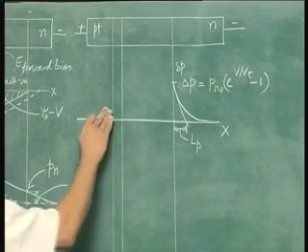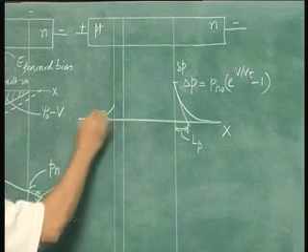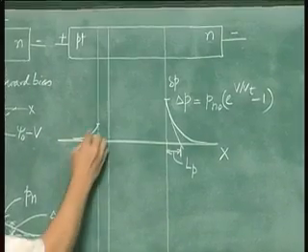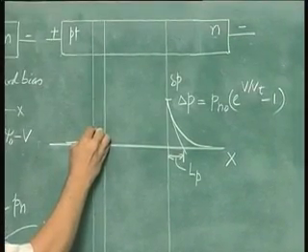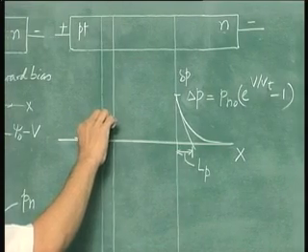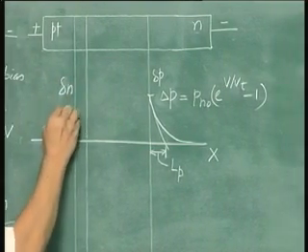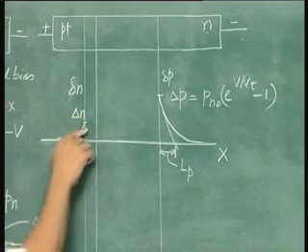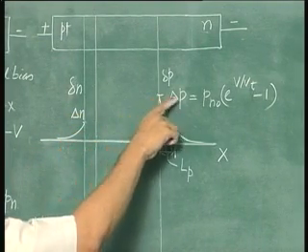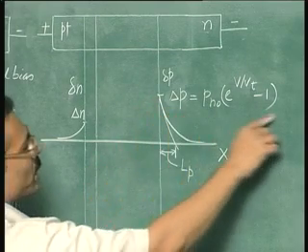One can similarly show excess carrier concentration on the p side, and it would be like this. This is another exponential. Now notice that this excess electron concentration delta n at the depletion edge is shown less than the excess hole concentration delta P at this edge. This is because of this formula.